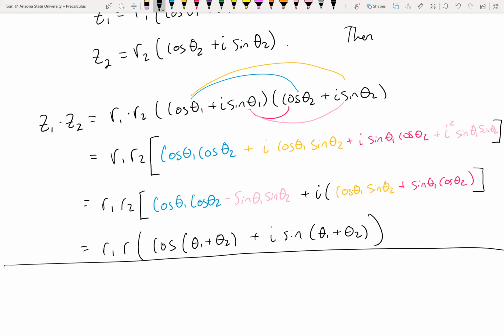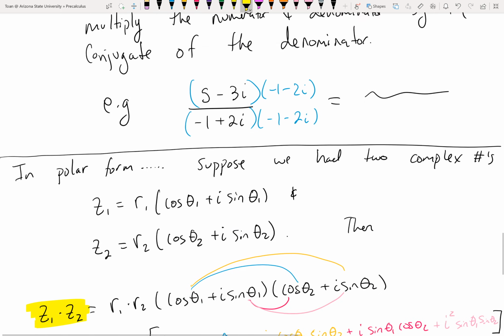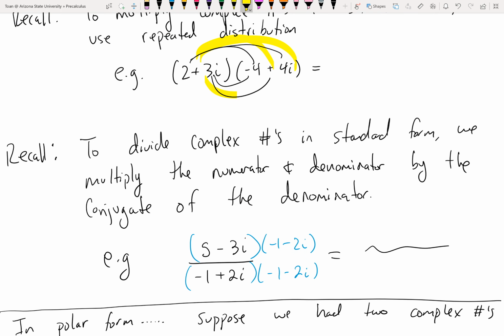What does all of this work say? All this work says is if you have two complex numbers and you want to multiply them and they are in polar form, oops, I forgot the subscript 2 here, then all you have to do is multiply their modulus together and simply add the angles. Now that is a heck of a lot easier than doing all this repeated distribution stuff, right?